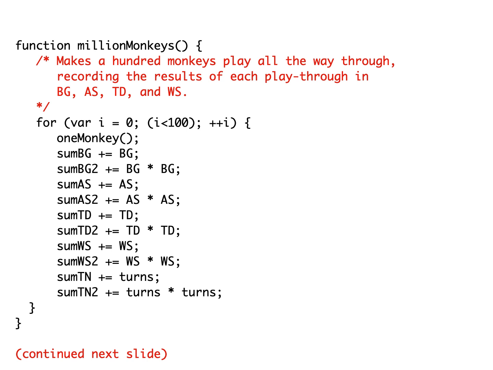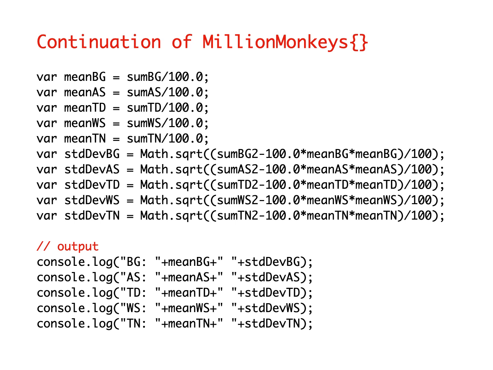It merely accumulates the sums required for calculation of means and standard deviations. Here's the second half. It calculates the mean and standard deviation for each of the state variables. It assumes that the statistical results fit a normal distribution. Then it sends the results to the console.